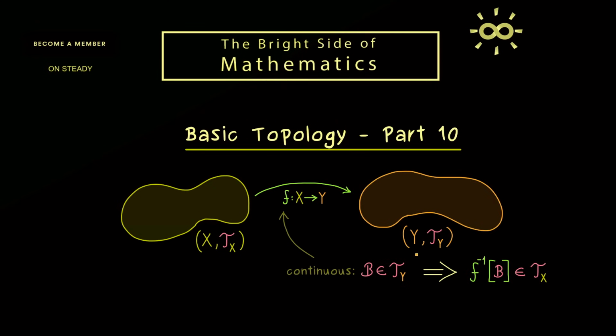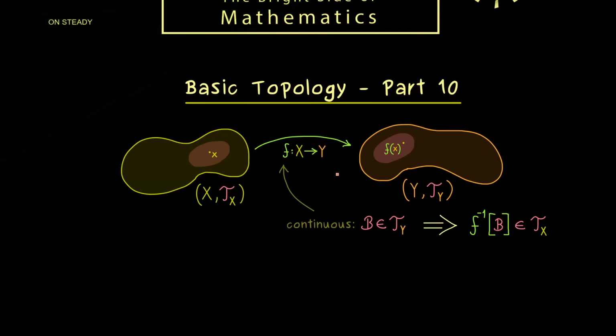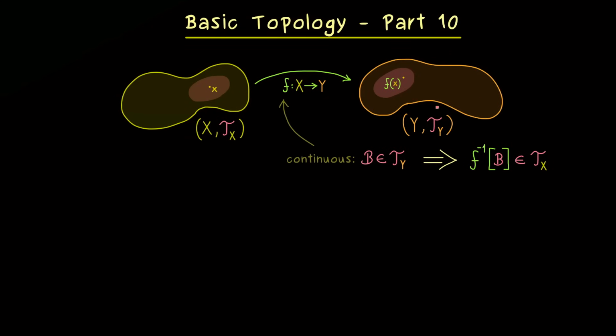This is all, and then this definition guarantees that if we look at a point here in the set Y and a neighborhood around it, then the preimage of this neighborhood is a neighborhood of the point x on the left-hand side. Therefore, you could see this definition as the abstract version of the epsilon-delta definition of continuity as you know it from real analysis.